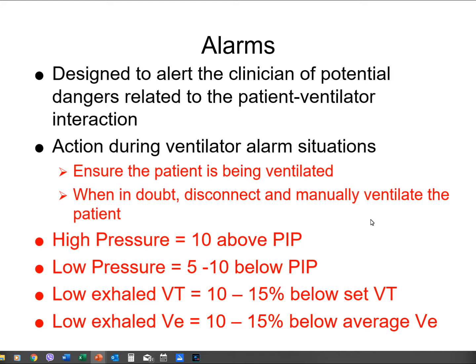Once you bag the patient, you identify that it's not the ET tube that's dislodged or the trach tube is dislodged. You determine that you can ventilate the patient, then you start troubleshooting the machine. Remember, we treat the patient first and then the machine. That's what you will do when the vent alarms happen.